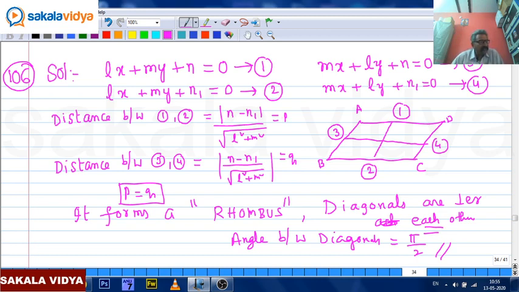Diagonals may not be equal, but in a rhombus the diagonals are perpendicular and they bisect each other. That means in a rhombus like this, these are the diagonals. Diagonals may not be equal, but they are perpendicular.